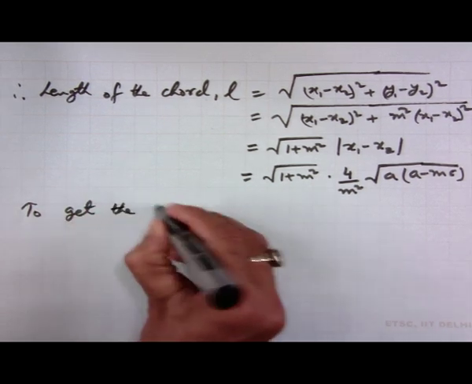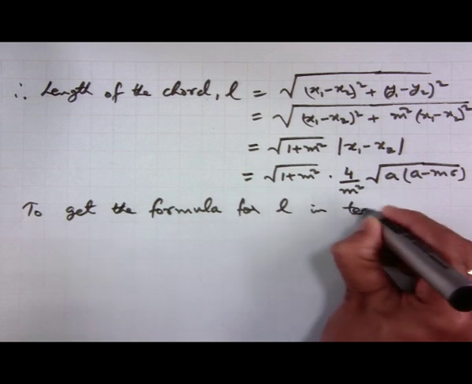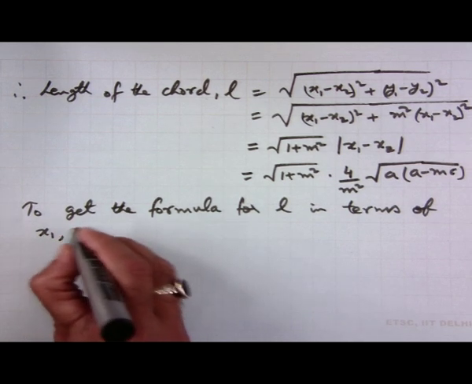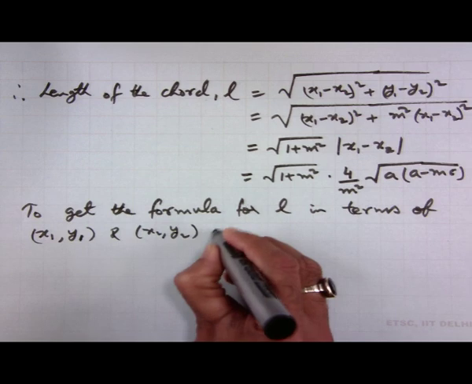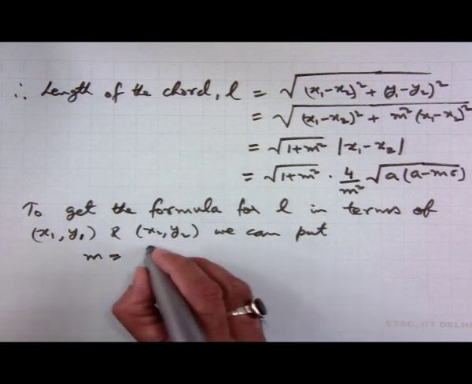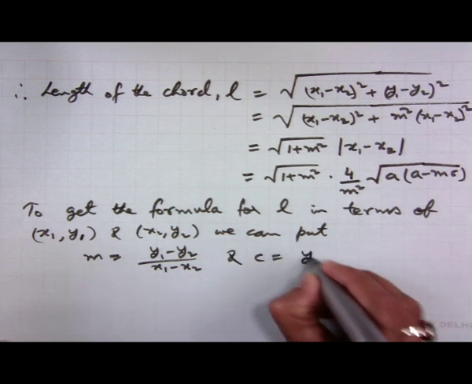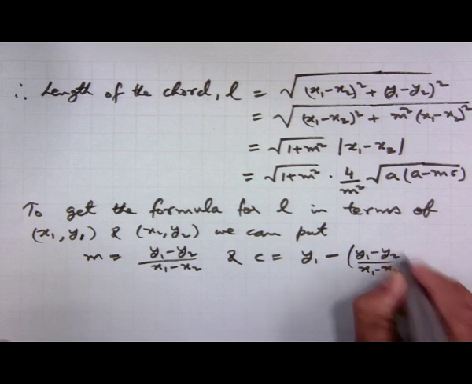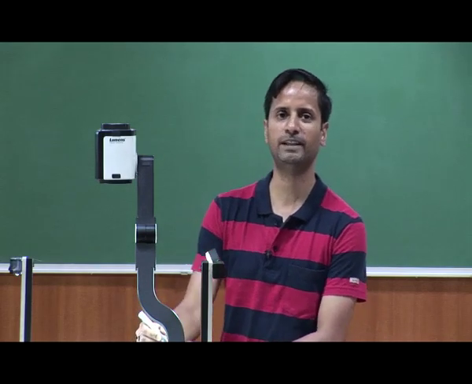To get the formula for L in terms of x 1 y 1 and x 2 y 2, we can put m equal to y 1 minus y 2 by x 1 minus x 2 and c is equal to y 1 minus y 2 by x 1 minus x 2 times x 1. Okay. Next, we will find the equation of the tangent line.